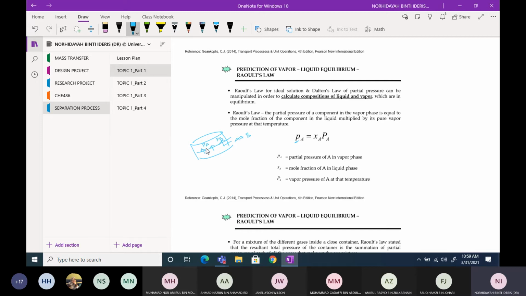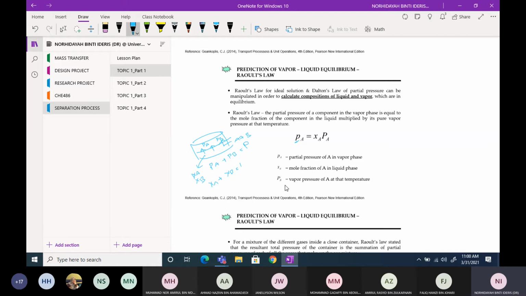So you know that the partial pressure of A is caused by the molecules of A, and the partial pressure of B is caused by the molecules of B. So you know that pA plus pB is equal to capital P here, which is the total pressure inside the system, right? And then you have the xA here, which is the mole fraction of A in the liquid phase. So everything in liquid will be labeled as xA and also xB. Same thing, xA plus xB must be equal to 1 for the mole fraction.